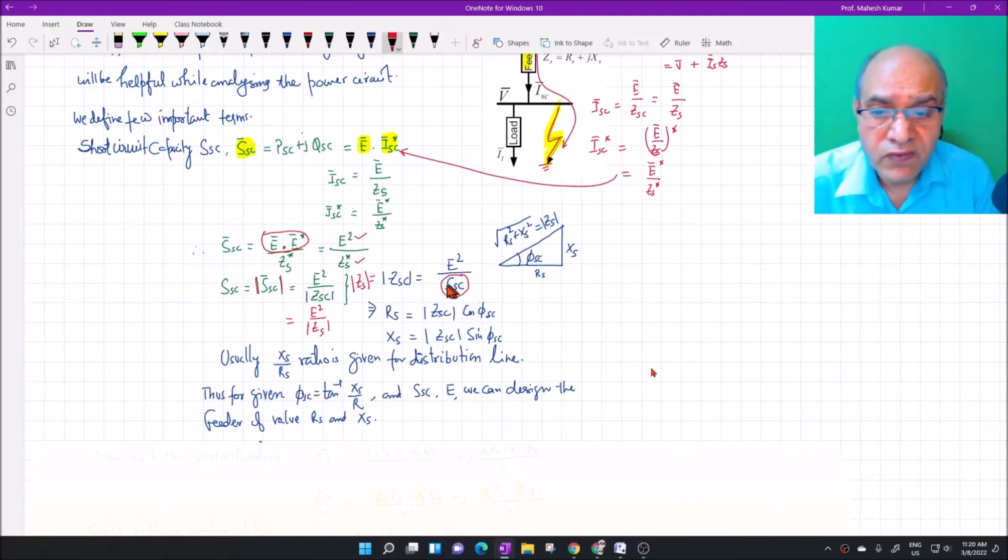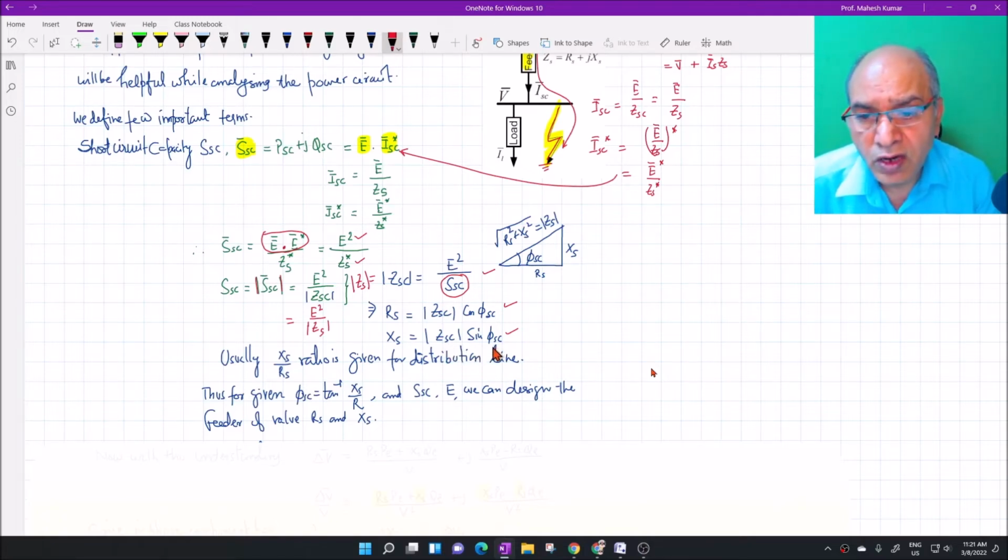So the value of the short circuit impedance or design feeder impedance will be E square by SSC. Now once I know ZSC, we can find out RS, we can find out XS. As you can see from the diagram, this is mod ZS, and this will be RS, this will be XS. So RS will be mod ZS into cos phi SC, and XS will be mod ZSC into sin phi SC.